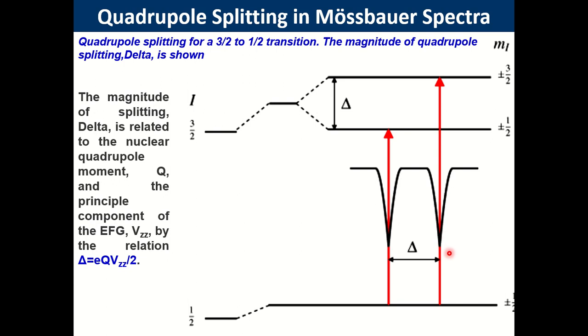So this is what you obtain on the higher velocity side and the lower velocity side. Both represent how the gamma ray energy has been shifted with the Doppler effect by moving the source, and resonant absorption occurred at two different velocities, so you are getting two peaks. In the absence of a quadrupole field, remember, you would have only one absorption, and this first point shows the isomer shift.